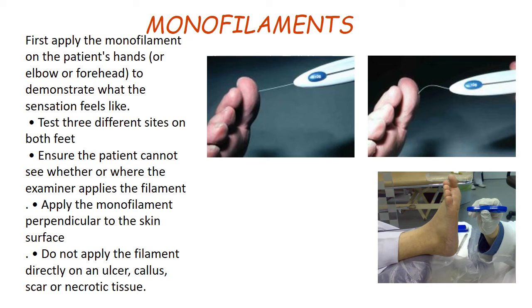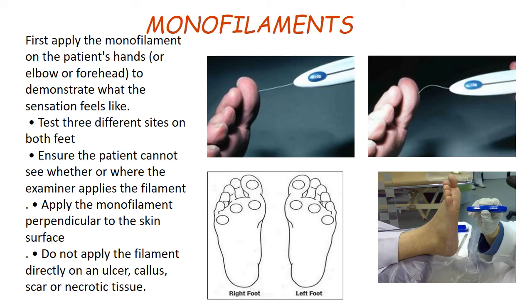We should ask the patient to close his eyes and ask him if he feels this pressure. If an area has callus, ulcer, scar or necrotic tissue, please don't put the monofilament on it, because it will give you a false result.